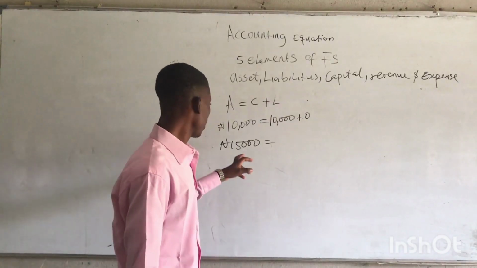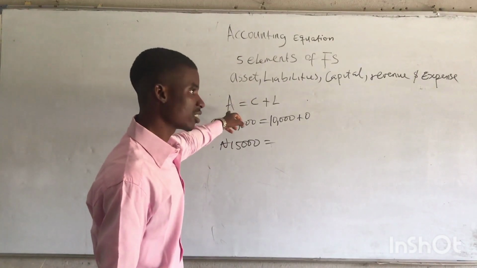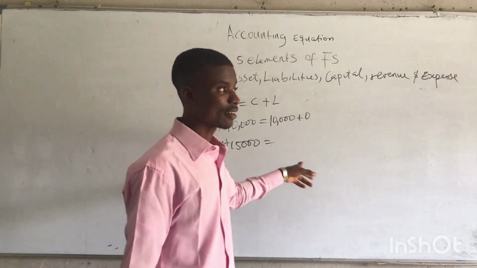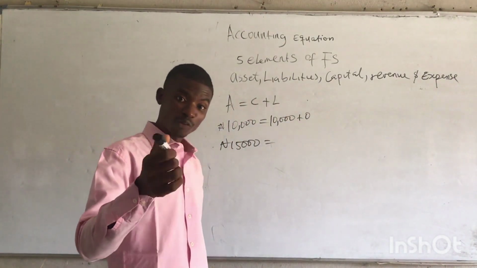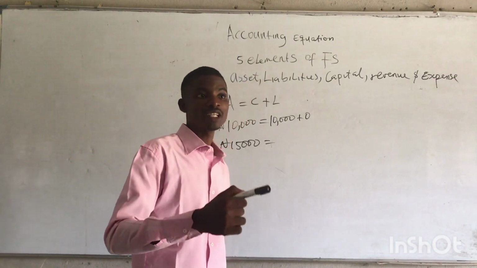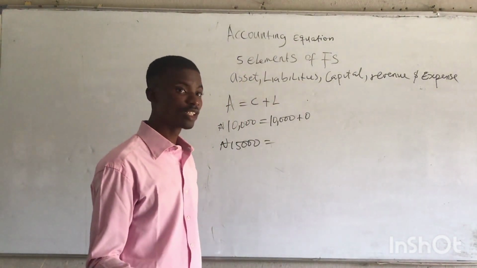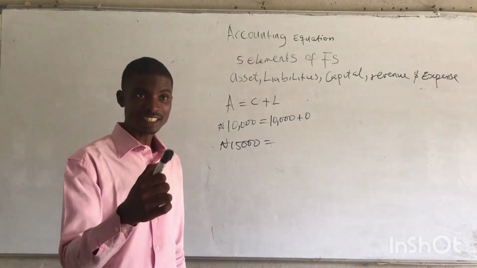assuming you have 15,000 naira as the value of your asset, but out of this 15,000 naira, 5,000 naira is the value of the motor vehicle that you want to be using to convey your goods. So the amount of cash you have at hand is only 10,000 naira.